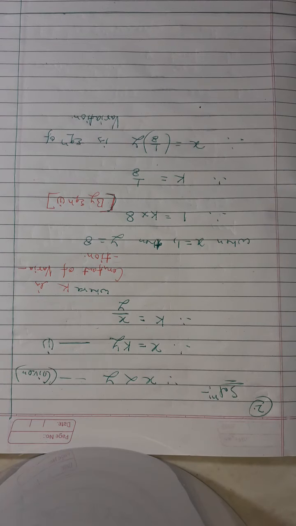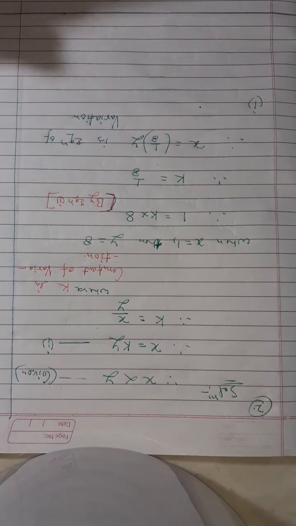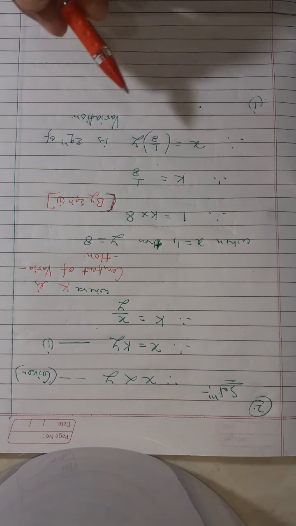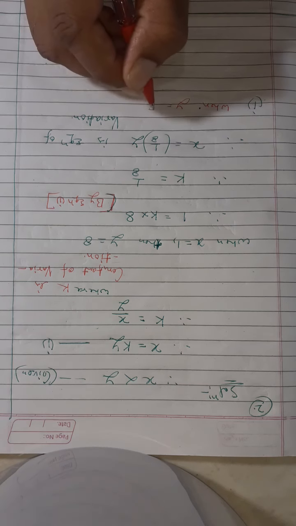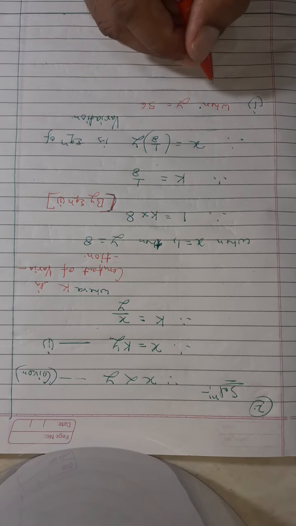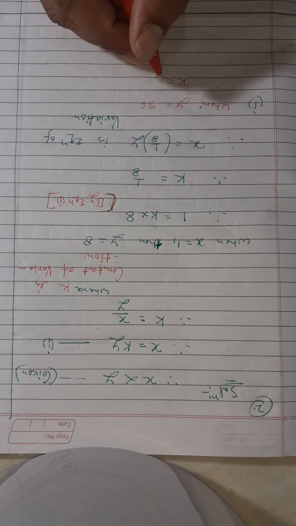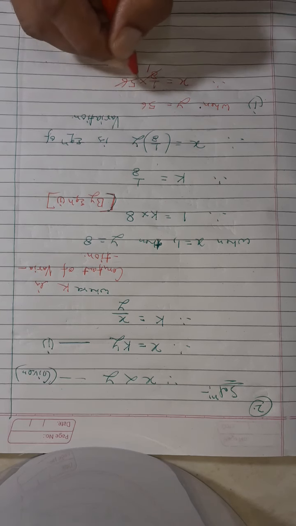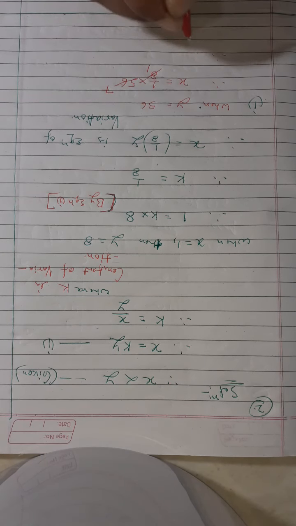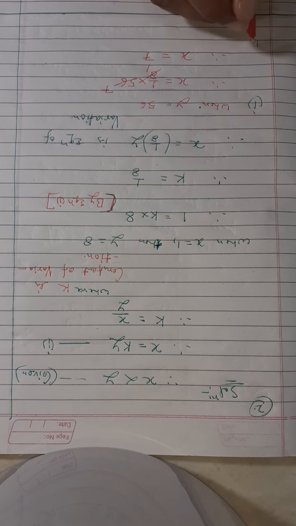Okay. Now first, when y is equal to 56, therefore x is equal to what? x is equal to 1 upon 8 into 56. So 8 1s are 8, 8 7s are 56. Therefore x is equal to 7. Clear? Now come to the second part.